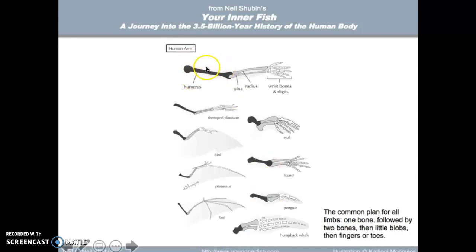You have a large bone, 2 skinny bones, and then a bunch of little bones at the end. And you can see theropod dinosaur, a seal, a bird's wing, a pterosaur, which is a kind of flying reptile, a lizard, a penguin, a bat, and even a humpback whale have a very common set of structures in their bones.